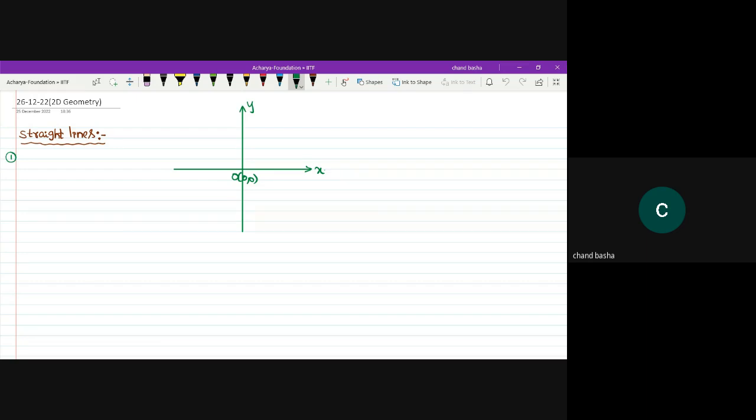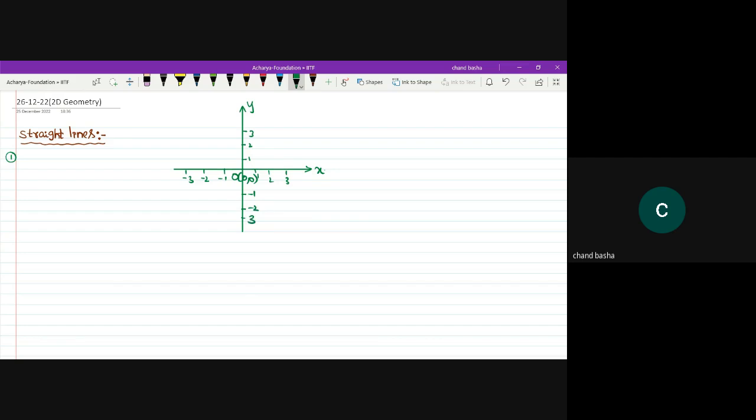Hope you can understand my point. That x value 1, 2, 3. Similarly, -1, x value is decreasing, -2, -3, and y value 1, 2, 3, positive y value. Downside -1, -2, -3.